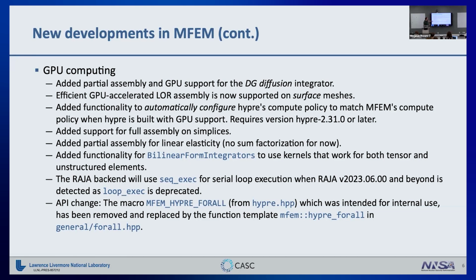So there are some RAJA updates here, not very important to mention, and some Hypre related things. These are mostly internal for developers, if you're dealing with something in the code. The main reason is that when you have a macro and the compiler expands it, all the lines become one line, and you can't really debug well.